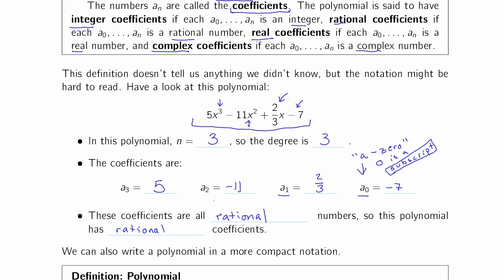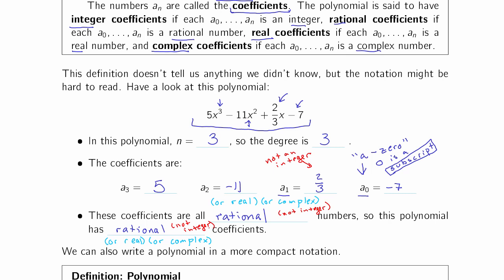Of course, every rational number is a real number, and every real number is a complex number. So this could also be said to be a polynomial with real coefficients or a polynomial with complex coefficients. But 2/3 is not an integer. So we could not say that this is a polynomial with integer coefficients.